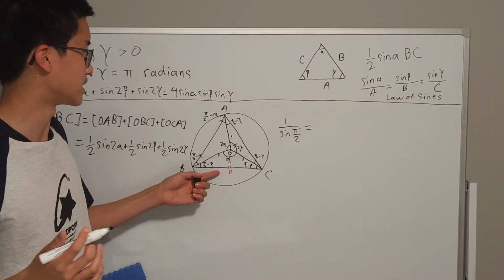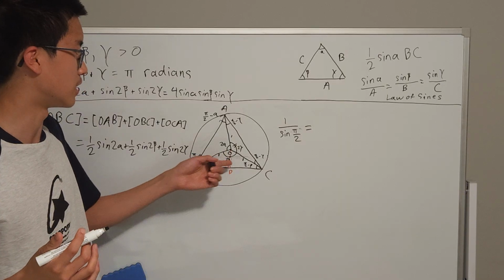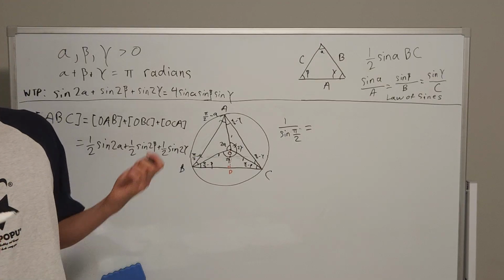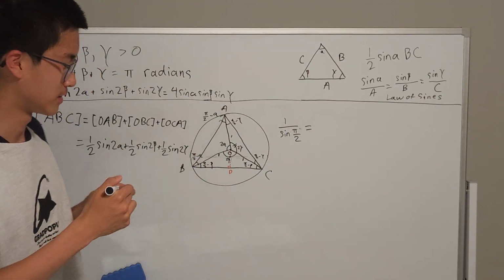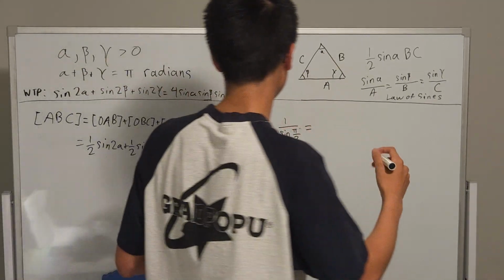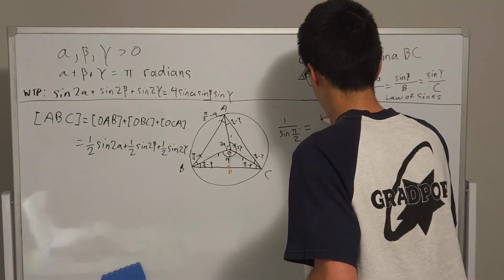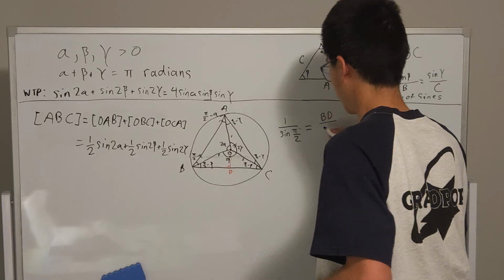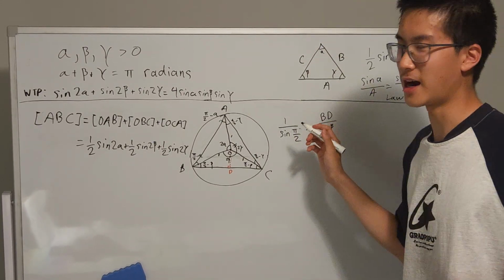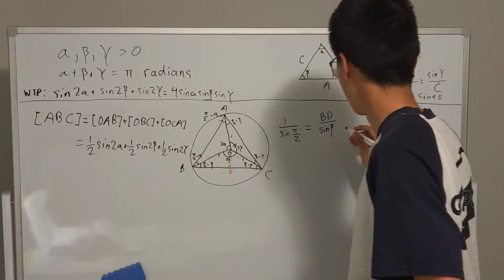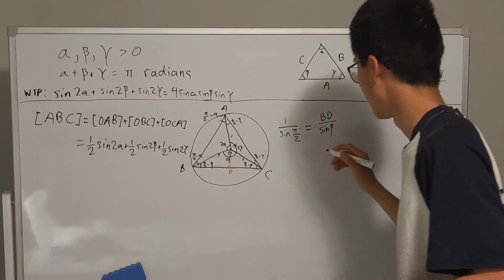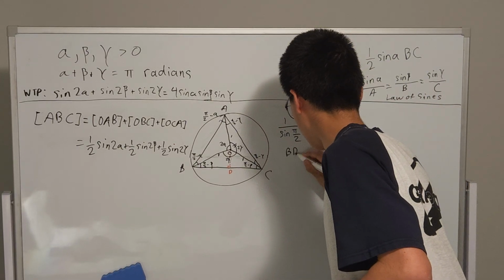Because these two triangles are congruent, angle DOB equals angle DOC equals beta. So this equals BD over sine beta. Now, because sine pi over 2 is 1, after multiplying both sides of this equation by sine beta, you will get BD equals sine beta.